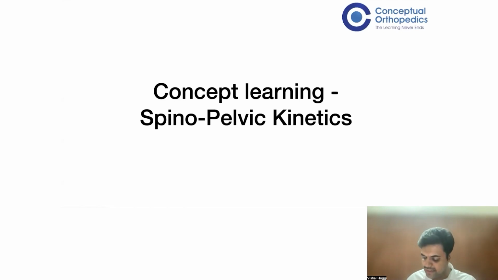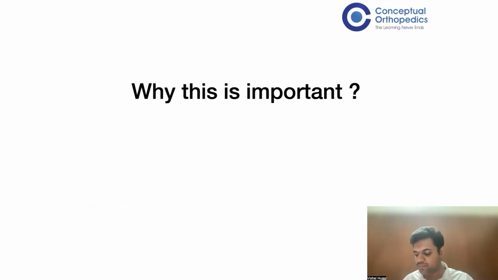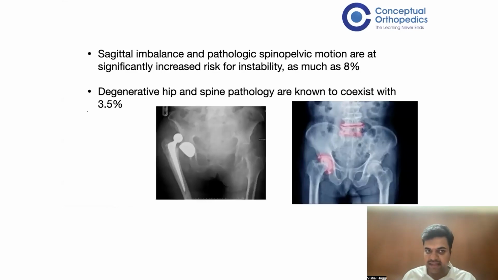So without further delay, let us start understanding why this topic is so important. Why did this topic suddenly come into vogue and gain importance? It all started in 2015-2016 when they started noticing this scenario. The reason is the risk of THR dislocation. Even in a well done THR, the risk is as high as 8% with significantly increased instability.